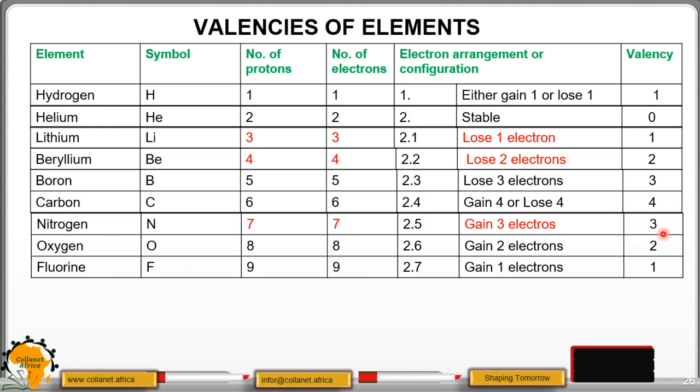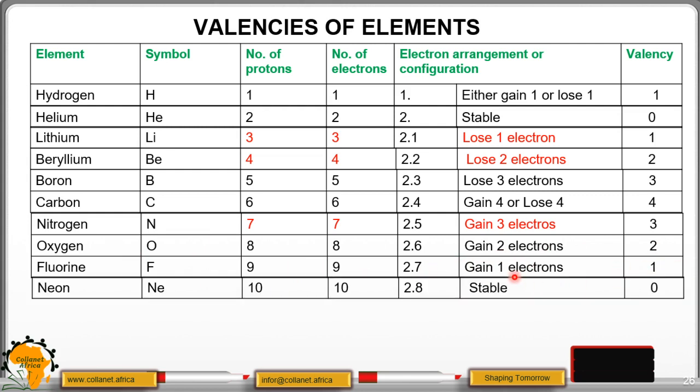Therefore, the valency of nitrogen is 3. Then oxygen, valency 2 because it can gain 2 electrons. Fluorine has a valency of 1 because it can gain 1 electron. Neon is stable. It has an electronic configuration of 2,8, therefore does not require any electron or gain to be stable.